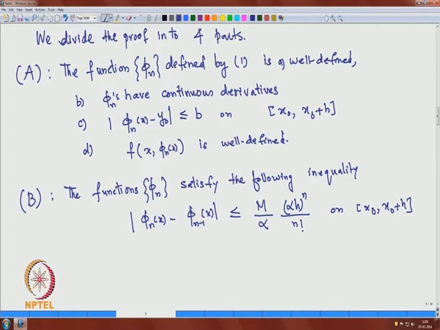So, the Picard's iterants define a sequence of functions. That sequence of functions satisfies this estimate.